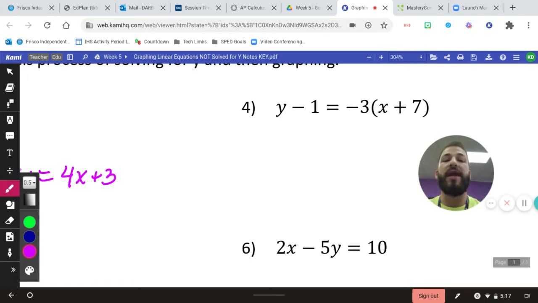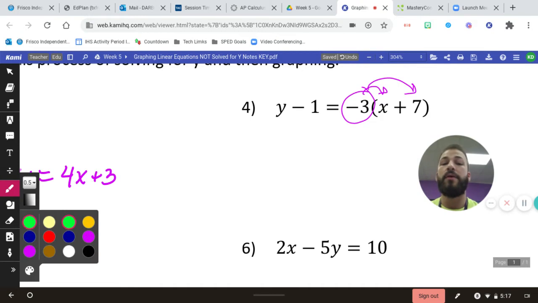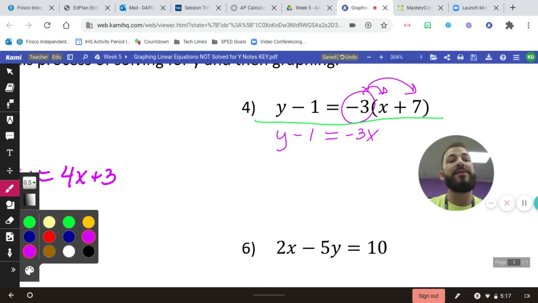So we're going to take our -3 and distribute it to both of our terms inside the parentheses. Everything else stays the same. Over on the left side, we still have y minus 1, equals -3 times x, which is -3x. Negative 3 times positive 7 is equal to negative 21.